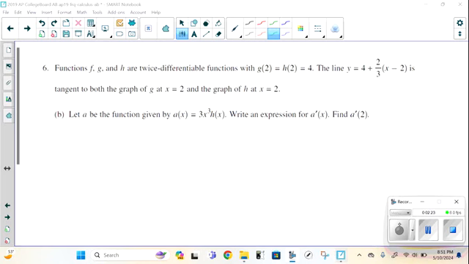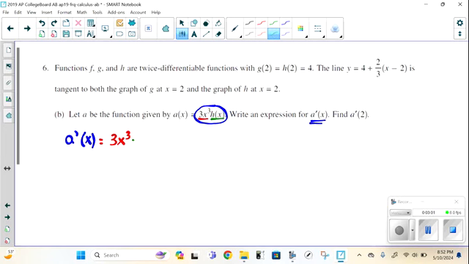All right, part B says, let a be the function given by a of x equals 3x cubed times h of x. Write an expression for a prime of x, then find a prime of 2. Let's start first things first, a prime of x. Let's find the derivative of a first. Product rule first, which is 3x cubed times the derivative of the second.